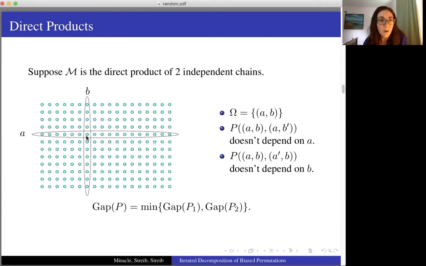Moreover, the probability of moving from AB to AB prime doesn't depend on A, for example. So if you have such a direct product, then the overall gap is equal to the minimum of the gap for the row Markov chain and the gap for the column Markov chain.